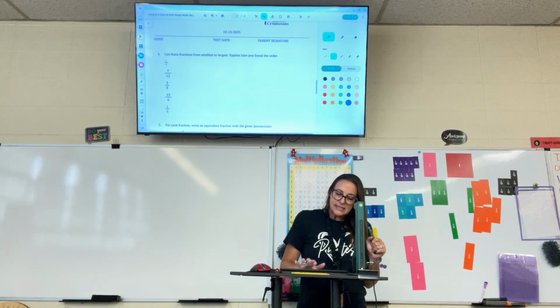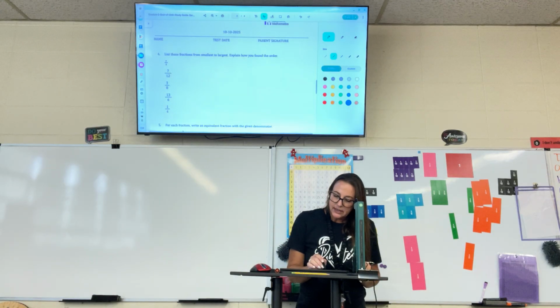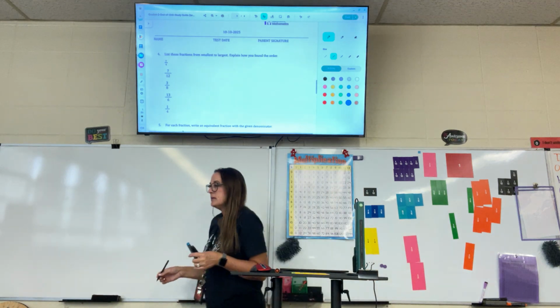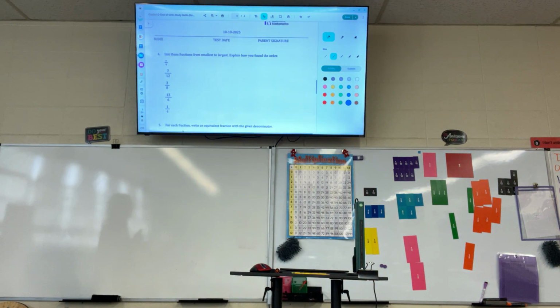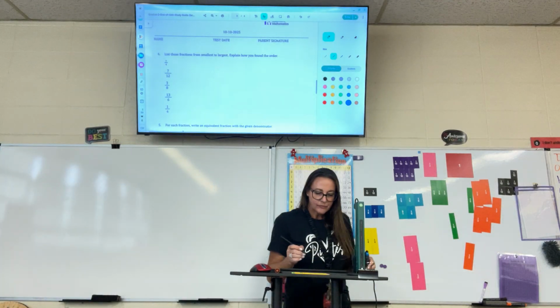It says list these fractions from smallest to largest, then explain how you found the order. So, sit up for me, please. The very first thing that we're going to do is compare these to the benchmarks 1/2 and 1.